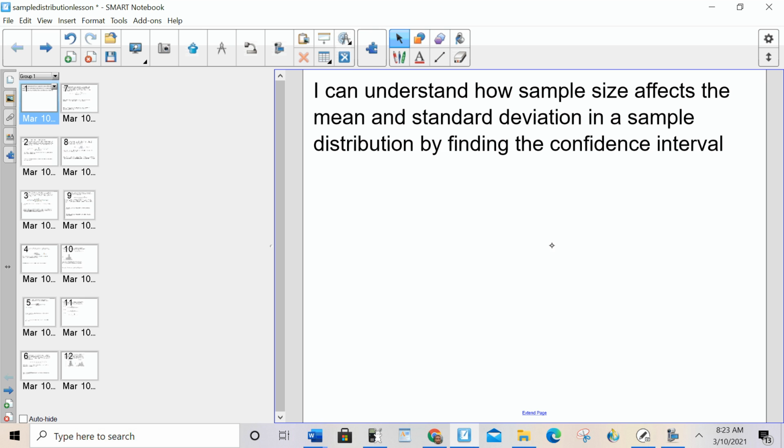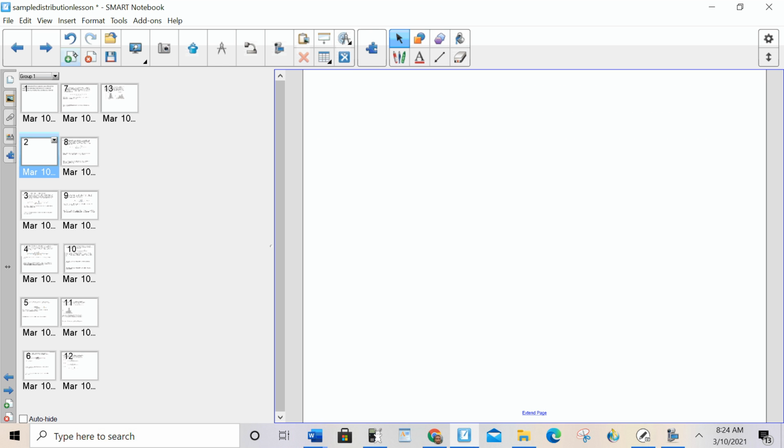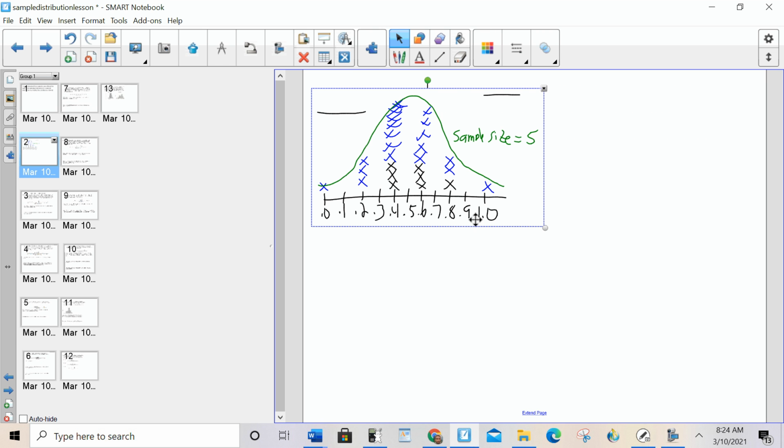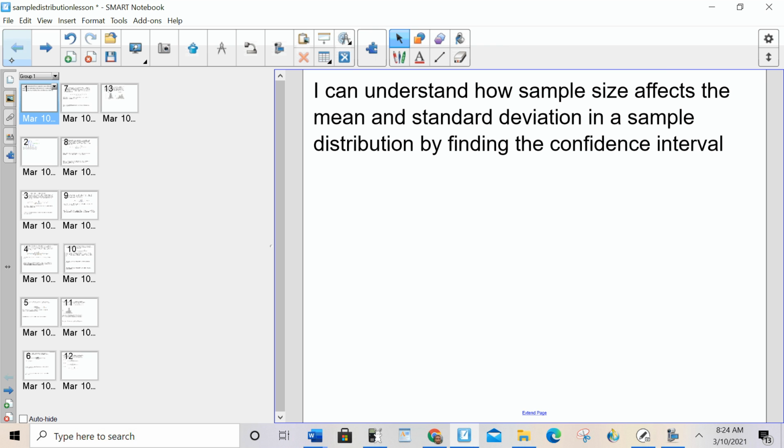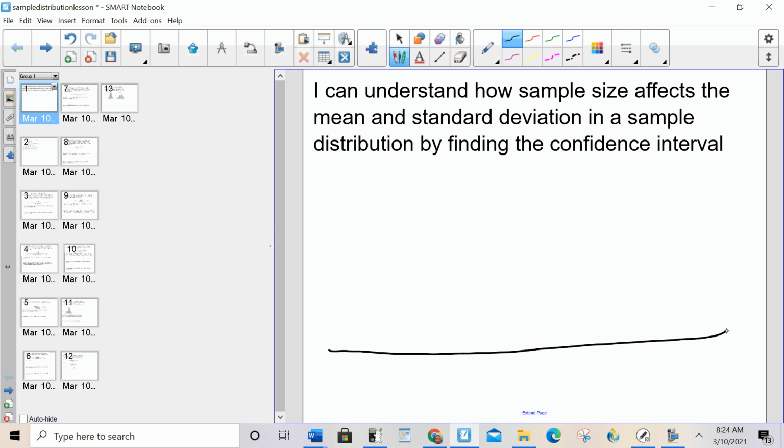Just move it to a different page. And now I'm going to do it again, but instead of a sample size of 5, I'm going to do a sample size of 20. Now, in class, I would do a sample size of 10 next and then 20.